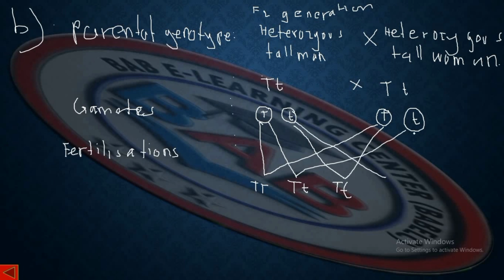It also fertilizes this one, a recessive allele fertilizing another recessive gamete, resulting in formation of a short offspring. This is the F2 genotype.